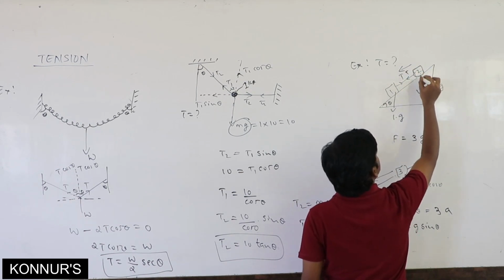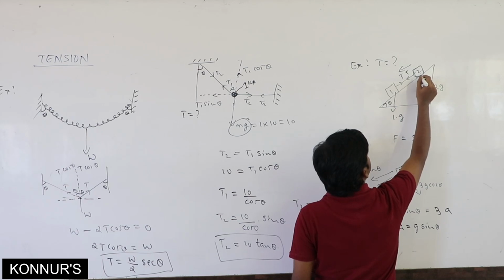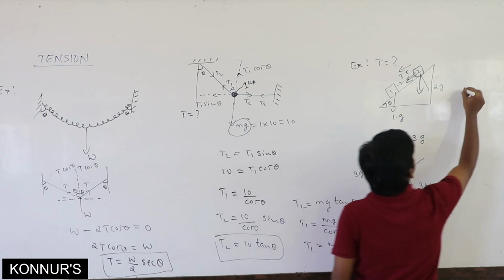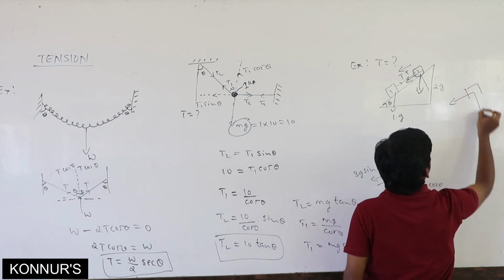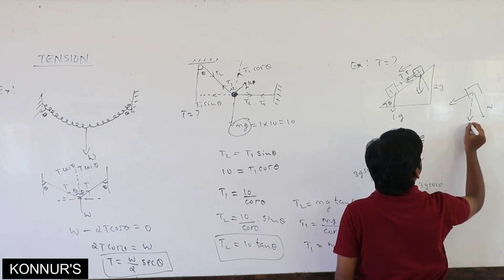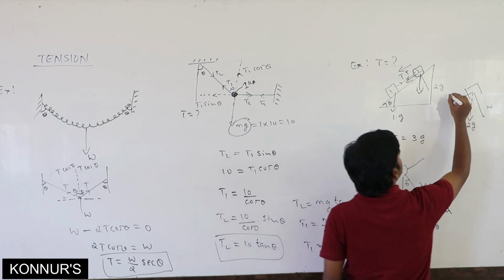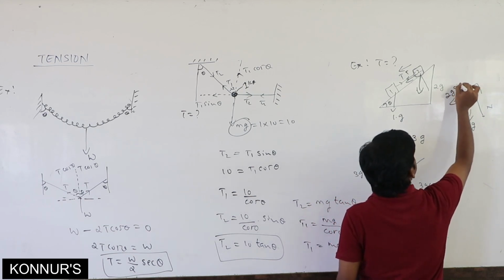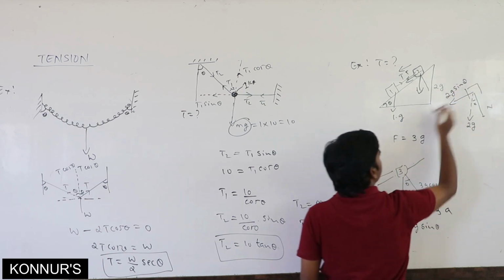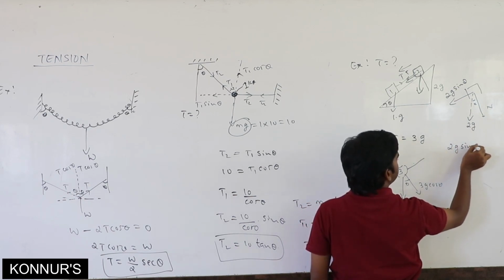If I separately take this body, here it is 2g, so this will become 2g sin theta. So force in forward direction is 2g sin theta.